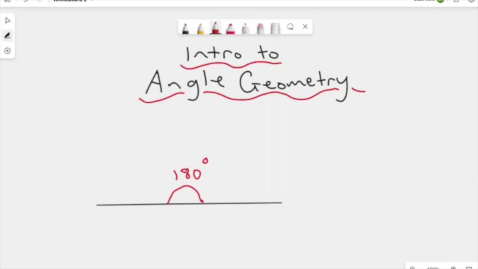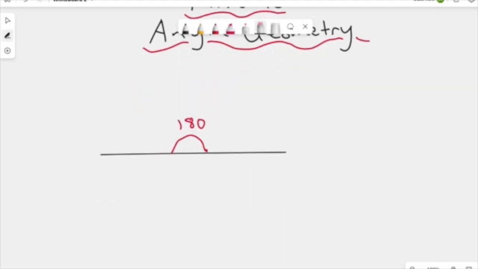Now, if we move this in, let's say, this direction here. But if we were to move this arm a certain distance, and I'm just going to temporarily rub out this 180 degrees.